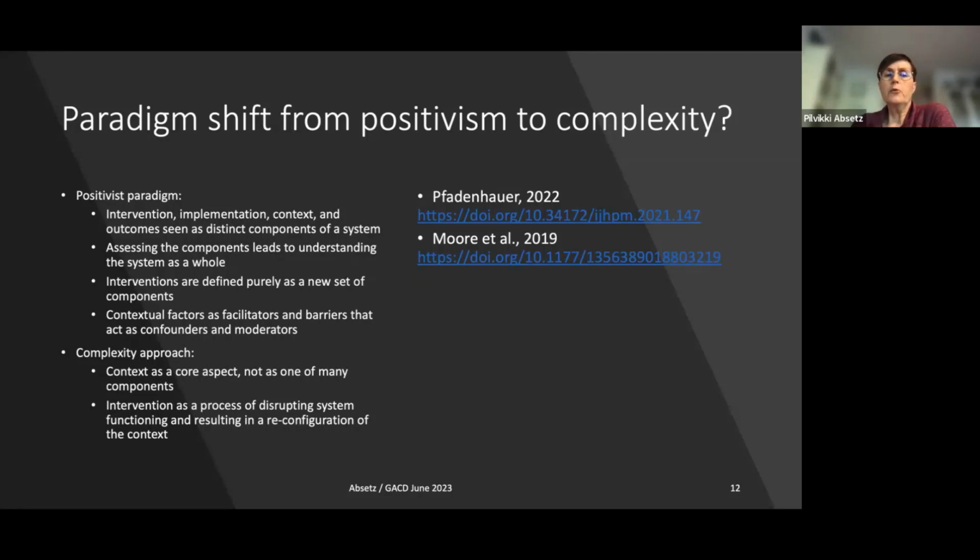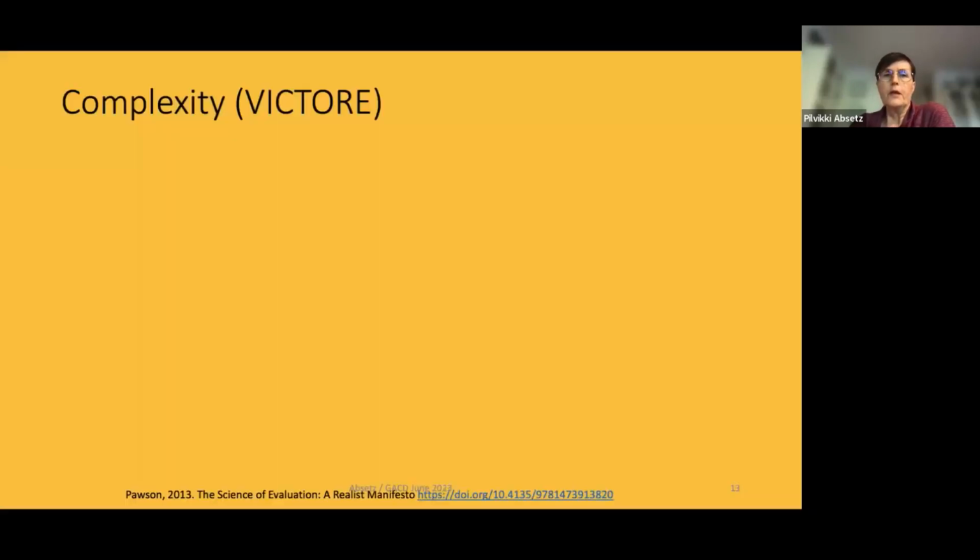The complexity approach really sees context as a core aspect, not as one of many components, and the intervention as a process of disrupting system functioning, resulting in a reconfiguration of the context.